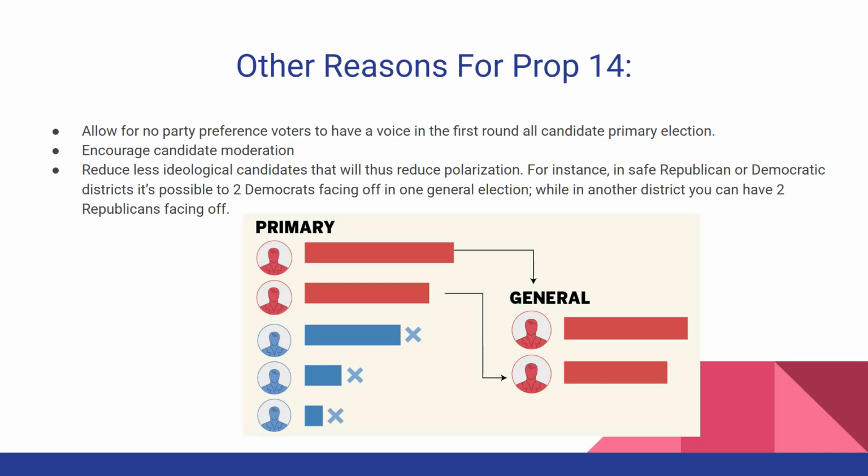But to go even further, in top 2 jungle primaries or top 4, in safe Republican or Democratic districts, it's possible for 2 Democrats to face off in one general election, while in another district you can have 2 Republicans facing off.